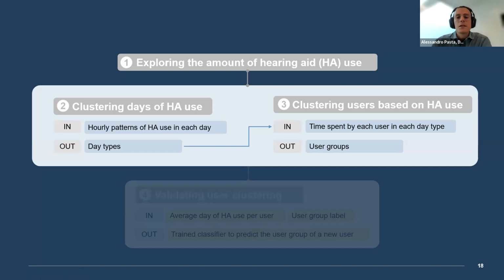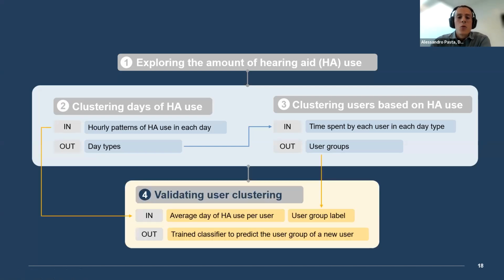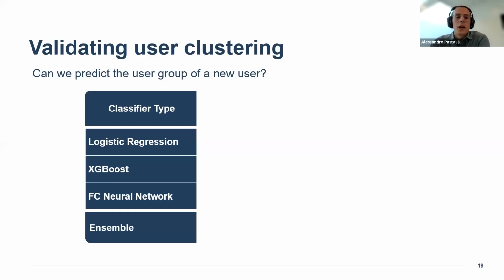Finally, to validate the quality of the user clustering, we trained the model to predict the user group label of a specific user based on his or her average day of hearing aid use. And for doing that, we trained an ensemble of three classifiers: a logistic regression, XGBoost, and a neural network.